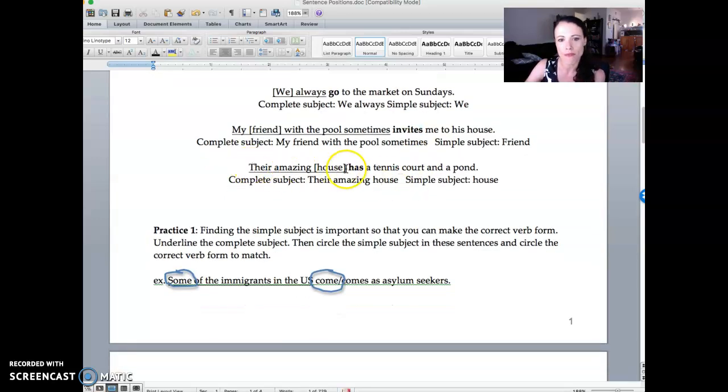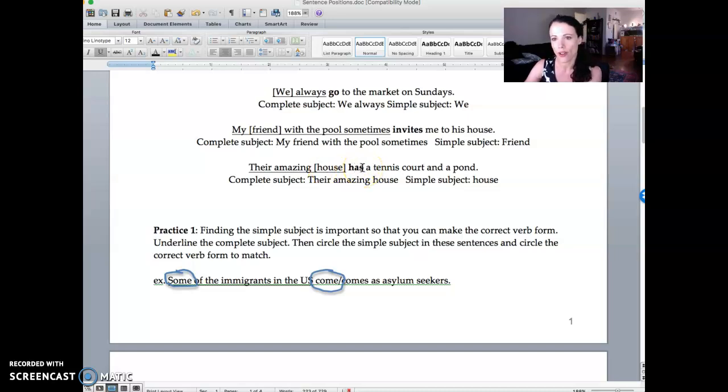Last example, their amazing house has a tennis court and a pond. So here's my verb, has, and this whole thing is going to be my complete subject. My simple subject is just this noun, house. And again, now house matches the verb has. So I don't say have, that would be my plural verb.